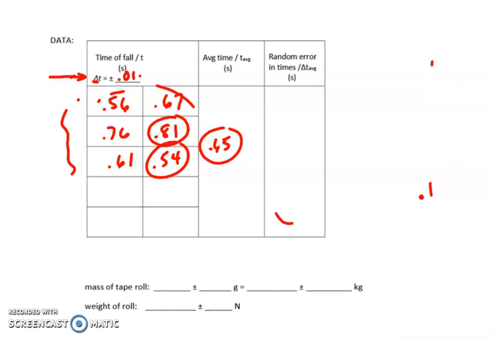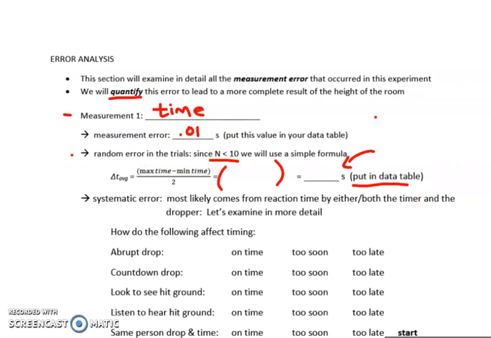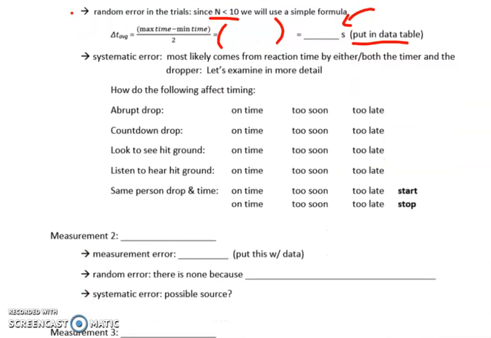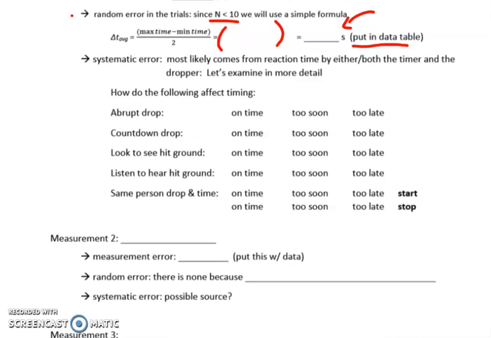Sorry about that. Okay, so the last type of uncertainty that we need to look at is the most difficult to quantify. And you're not going to have to quantify it here, but you want to think about it. That comes from continuously doing the wrong thing. With timing, it usually means either starting too late, starting too soon, stopping too late, stopping too soon, and doing that consistently.